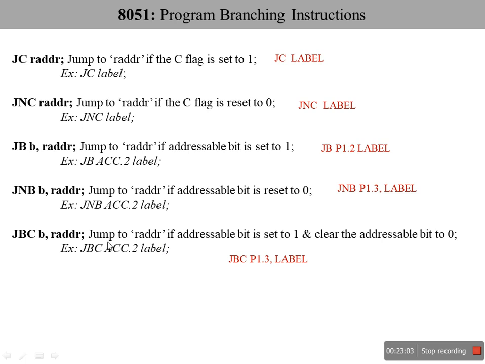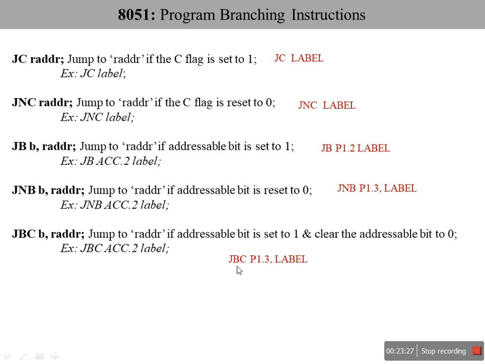If the third bit of the accumulator is set to 1, control goes to this specified address, and while it is going, the third bit of the accumulator will be reset. Earlier it was set to 1. Based on that condition, it goes to this location, and while going, it will clear that content.